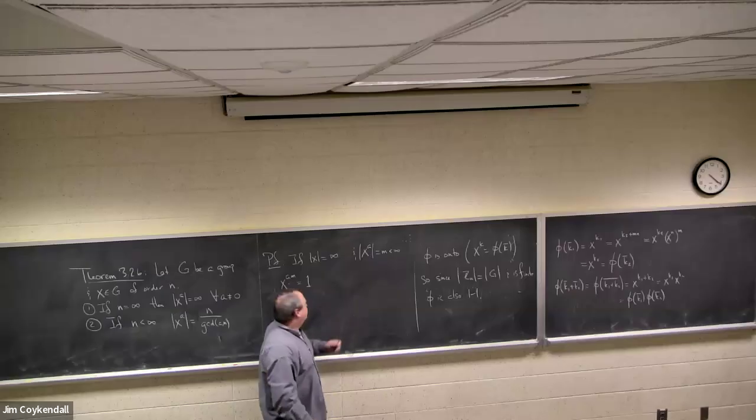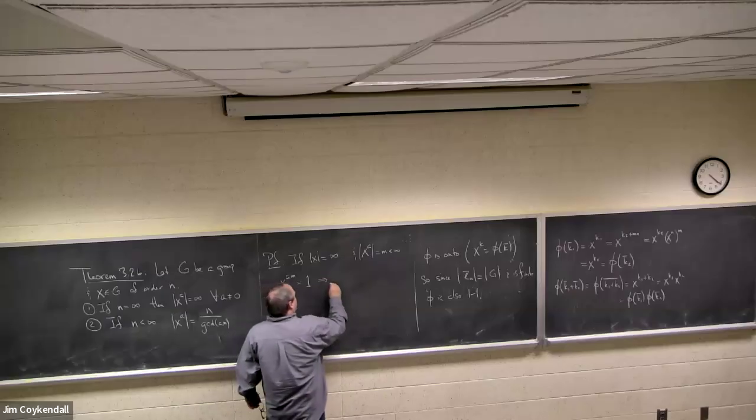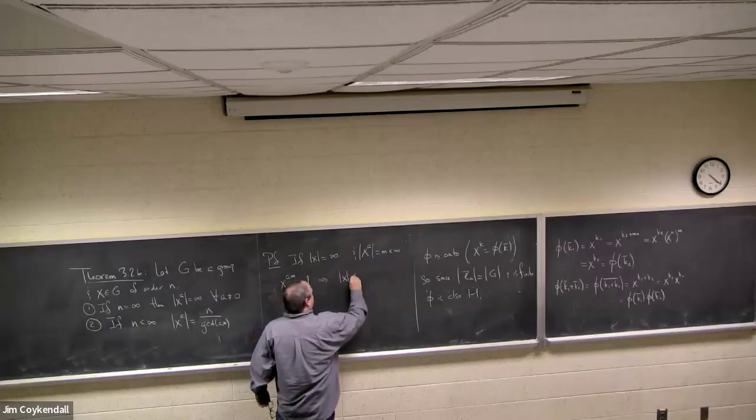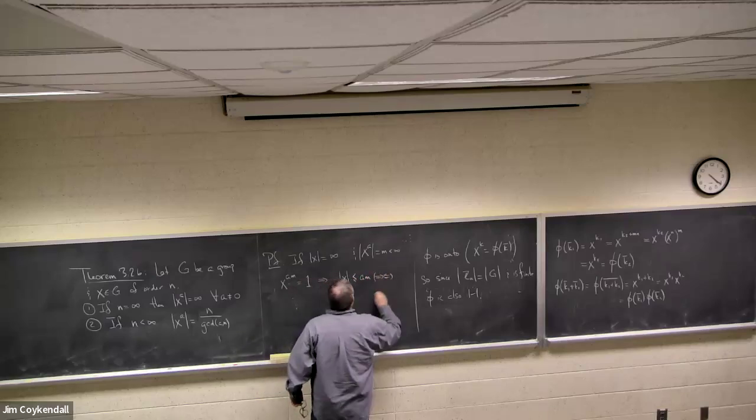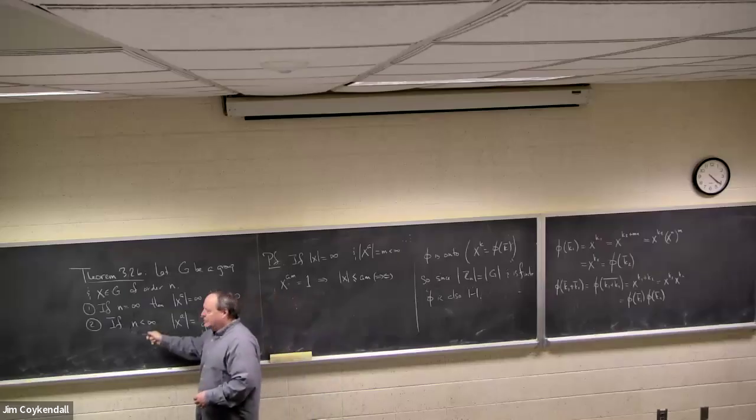Because this to the n power has to be 1, which implies the order of x is less than or equal to am, which is a contradiction. This establishes the first statement.